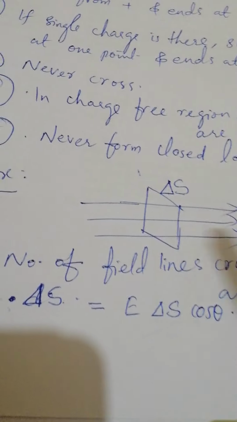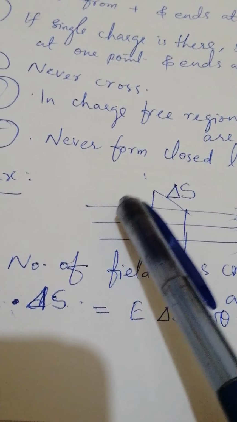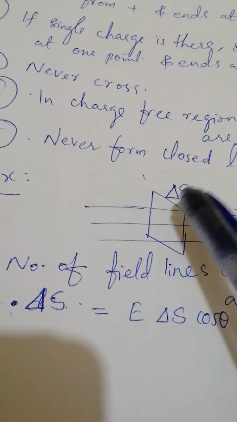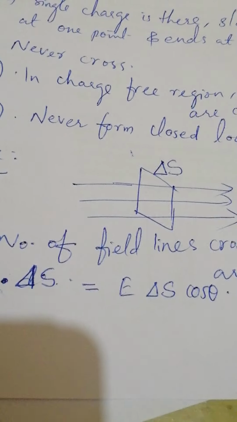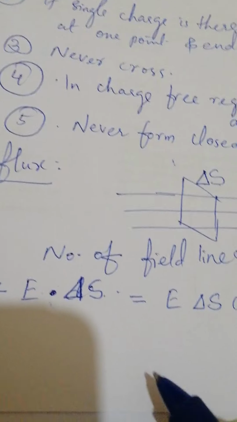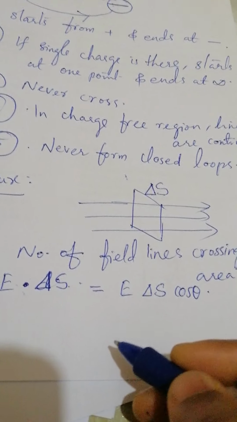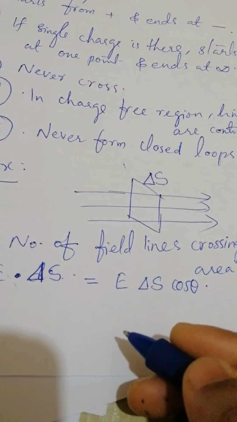So theta is the angle between the field line and the concerned area. So electric flux we can write as E delta s cos theta.